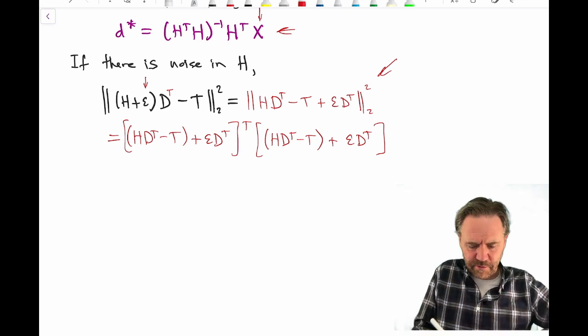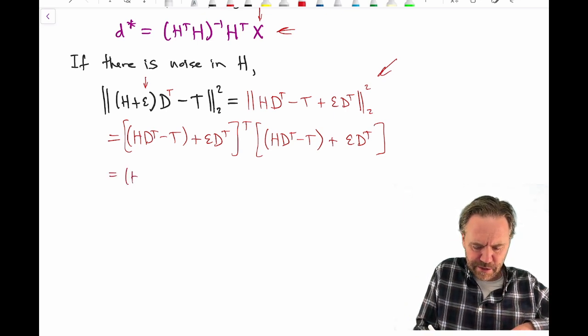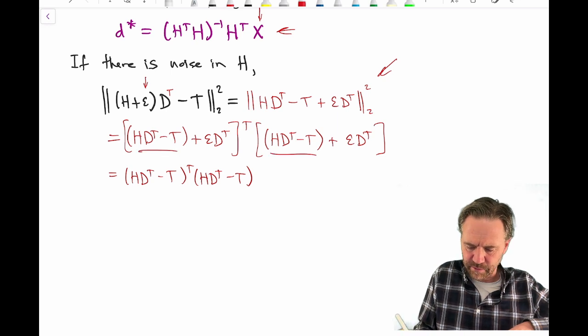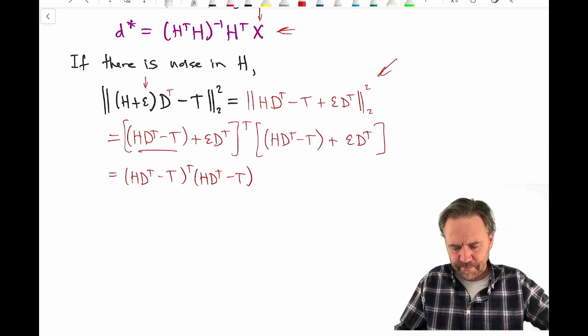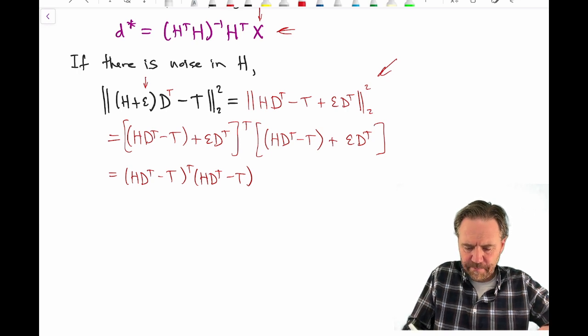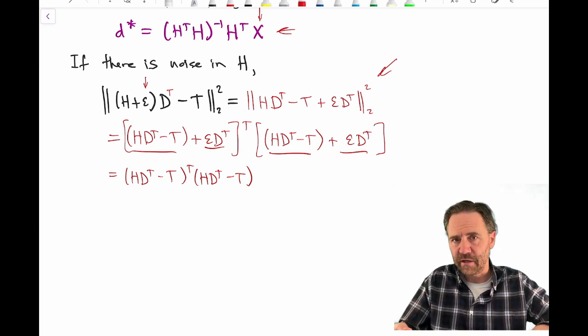Multiplying that out, I get terms like this: HD transpose minus T transpose times HD transpose minus T. That's multiplying this one times this one. Now multiplying this times this and this times this actually gives the same thing twice.